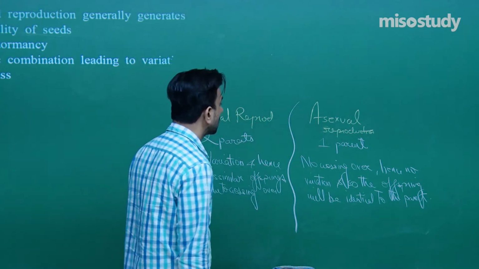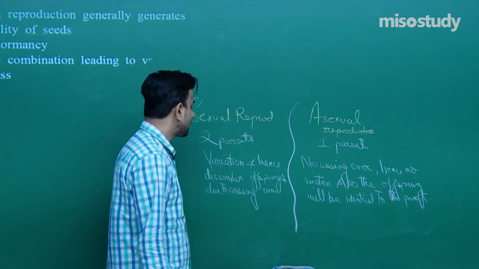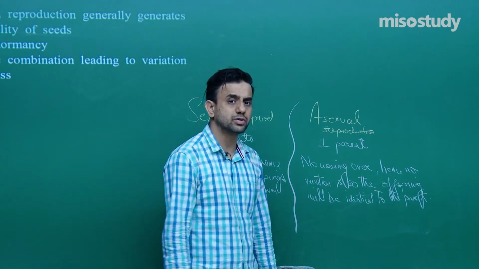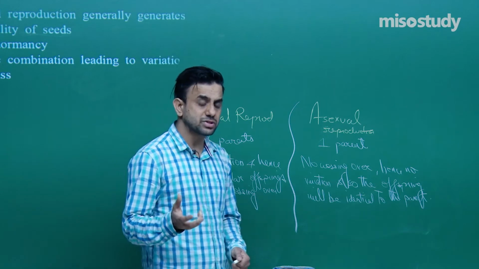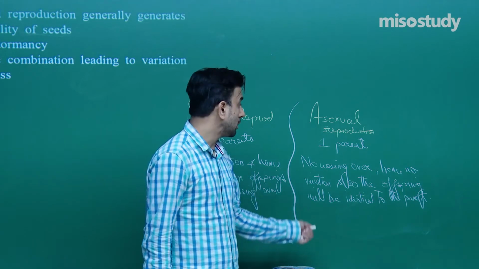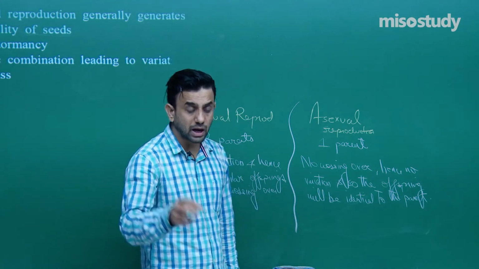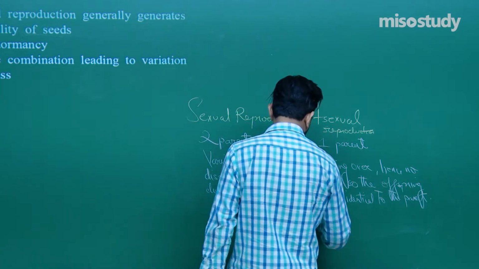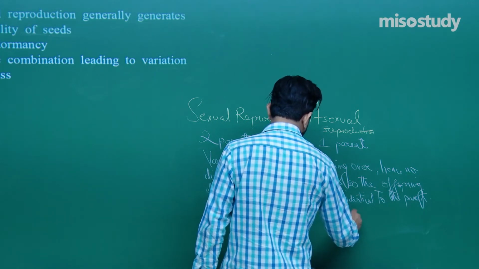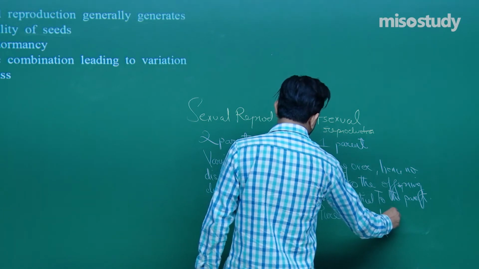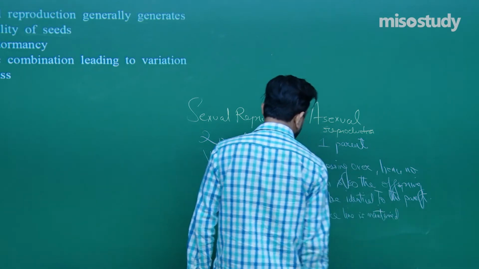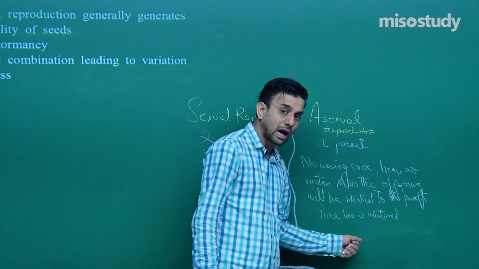In sexual reproduction there will be variations, no pure line, but in asexual reproduction the pure line is maintained. So if there is a disease, it will be carried on.